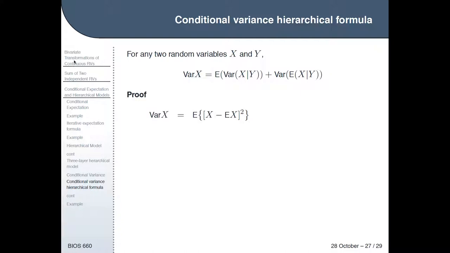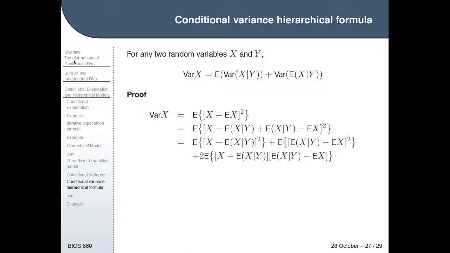How do you prove this? Well, the variance of x is by definition just the expected value of x minus e of x, squared. And now we'll just add and subtract the expected value of x given y in the middle of that expression. This is just one of those non-intuitive steps that you do because once you do it, then all the math works out.